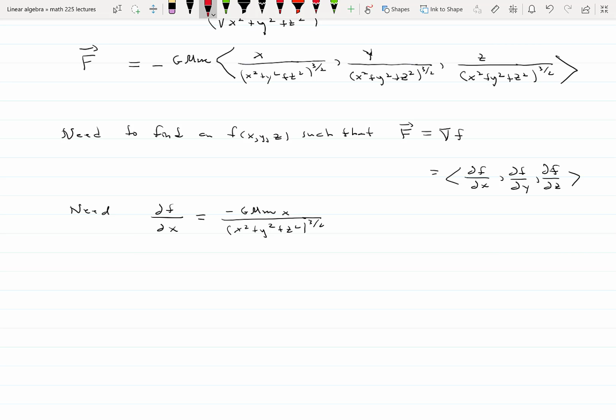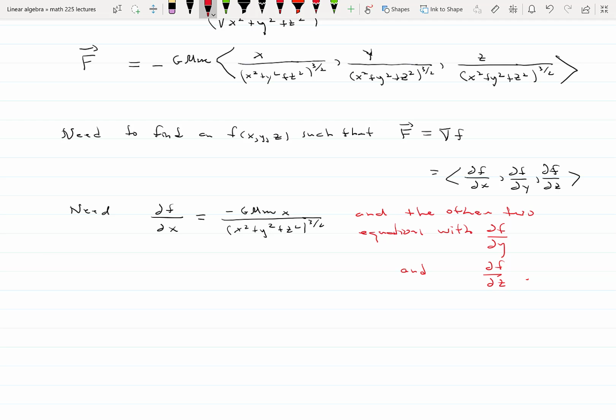And of course, the other two equations have the partial of f with respect to y equaling the second component, and the partial of f with respect to z equaling the third component of my force function.